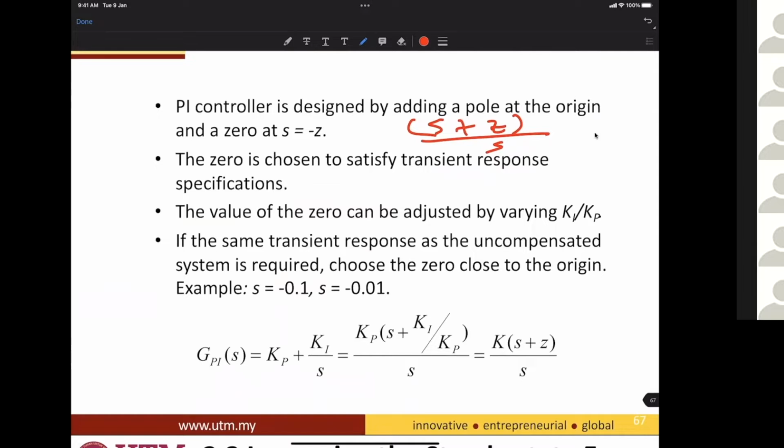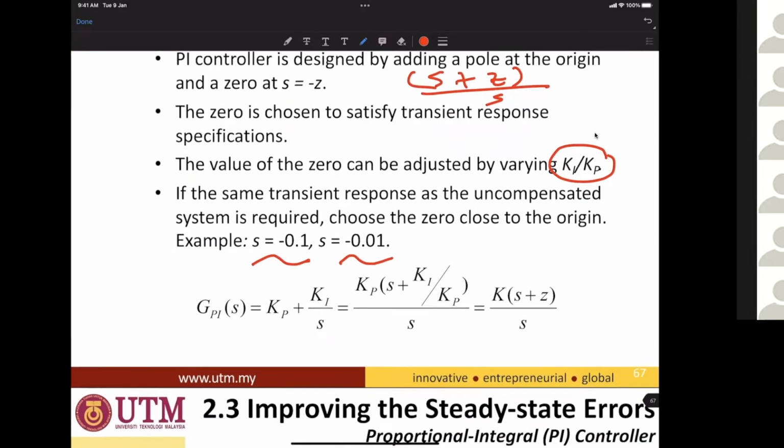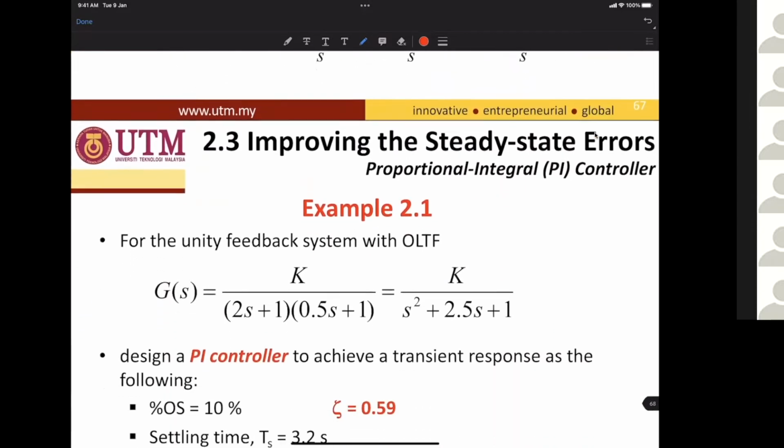The value of the 0 can be adjusted by varying Ki over Kp. Okay, so what happened is if the S equal to minus 0.1 or minus 0.01, also the error will turn from finite value to zeros.